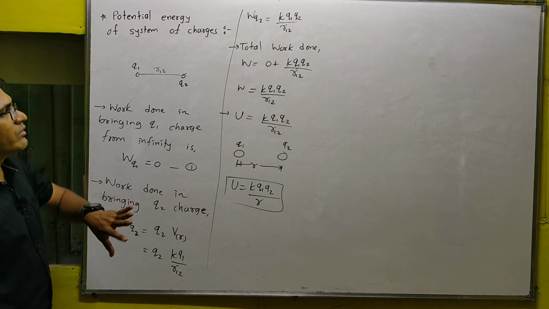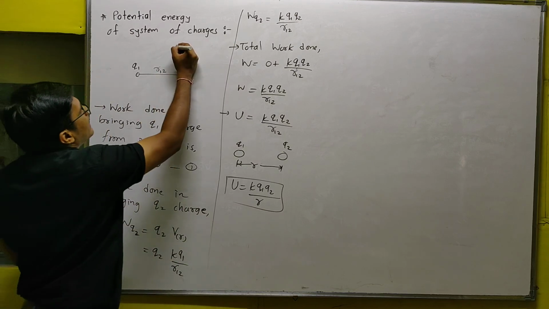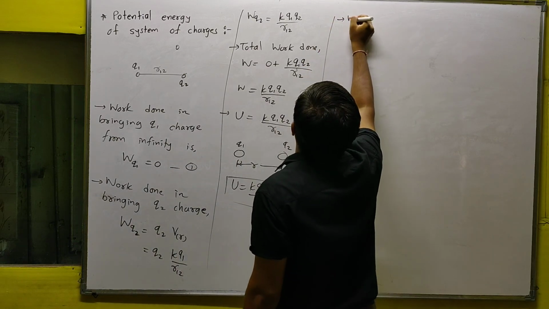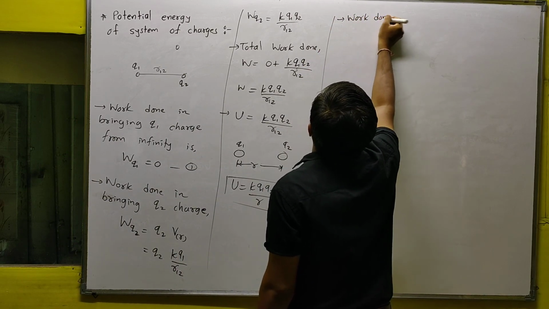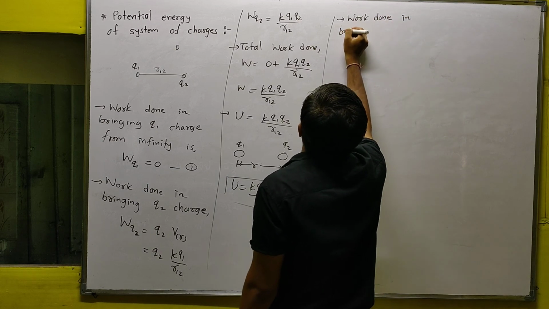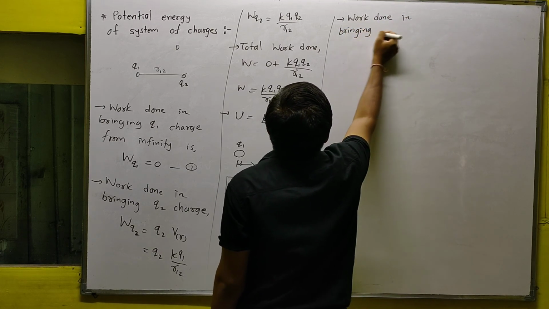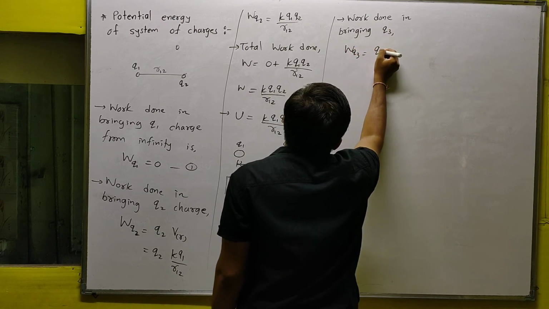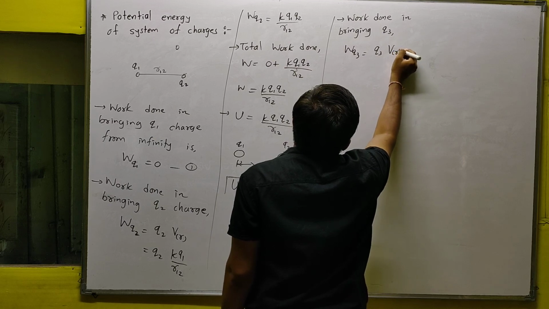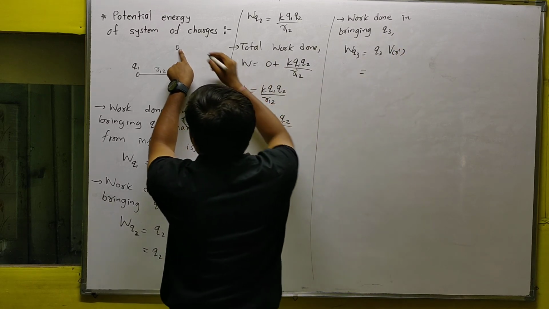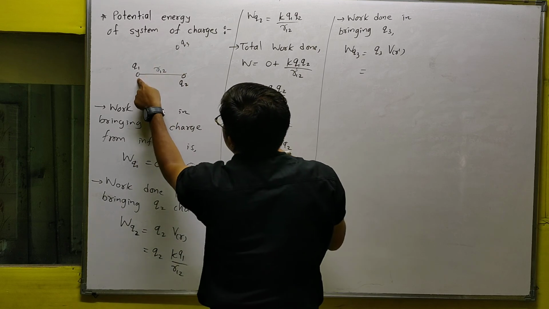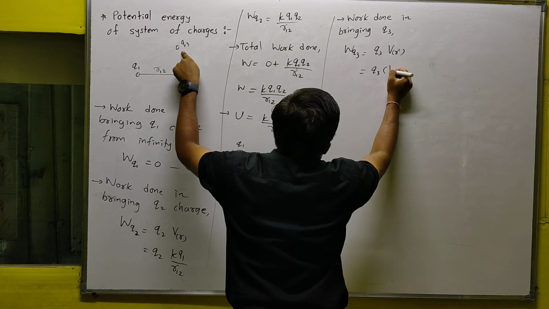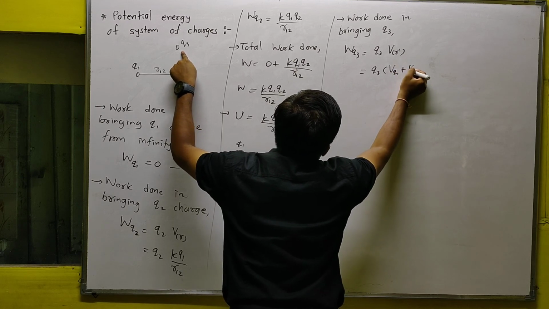Now suppose we are moving a third charge also to this point, then what happens? Work done in bringing q3 is equal to charge q3 times the potential at that point. The potential at this point is generated by q1 charge and q2 charge, so it is the potential due to q1 plus the potential due to q2.